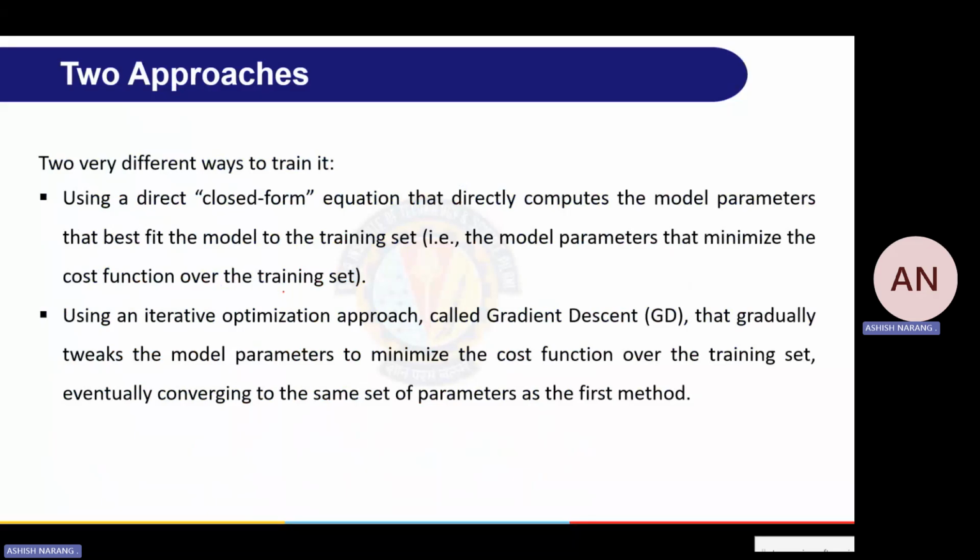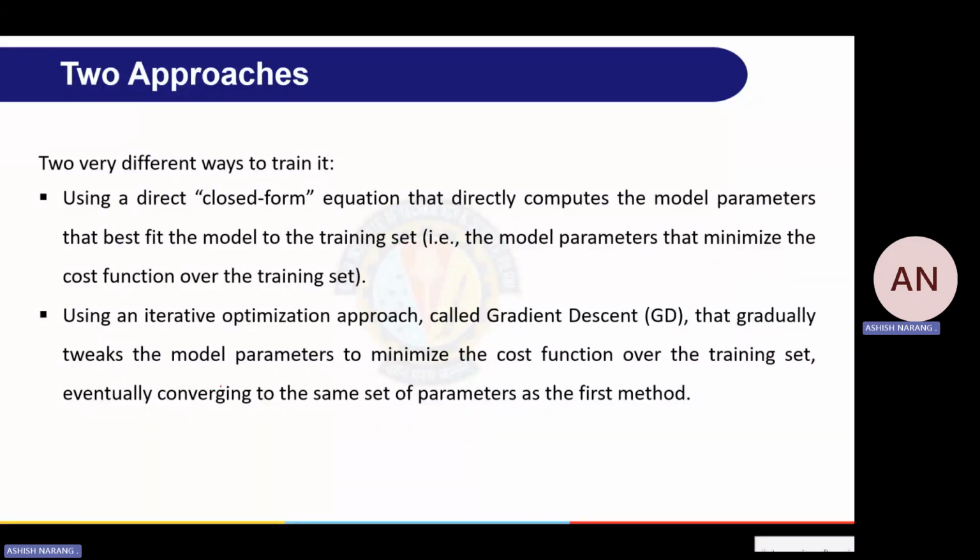This is quite mathematical in nature, that directly computes the model parameters that best fit the model to the training set. Second is an iterative optimization approach known as gradient descent that gradually tweaks the model parameters to minimize the cost function over the training set, right? And eventually converges to the same set of parameters as the first method, right?